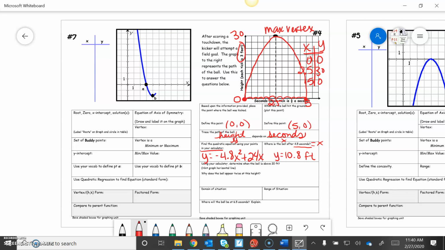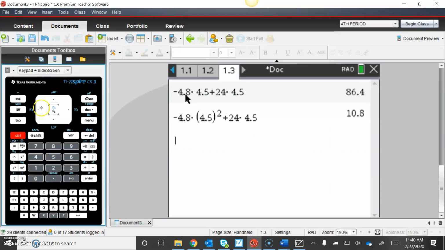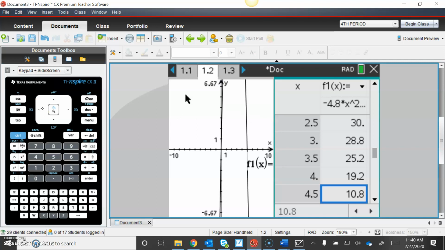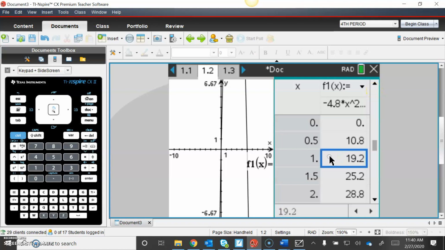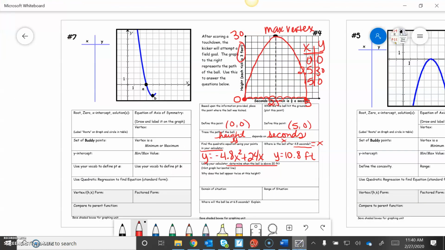Using your graphing calculator, determine when the ball was above 20. So again, we're going to go back to our table, and I can see here at 1 second, we're almost to 20. And then at 4 seconds, we're just below 20. So we need to write this as an inequality.